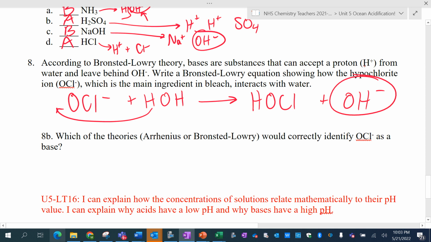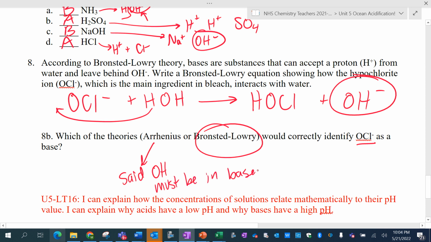Which of the theories would correctly identify OCl minus as a base? Only Bronsted-Lowry, because Arrhenius' theory said OH must be in the base's formula. So something like MgOH2.